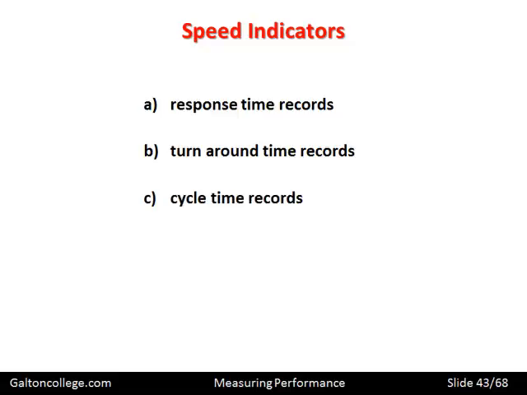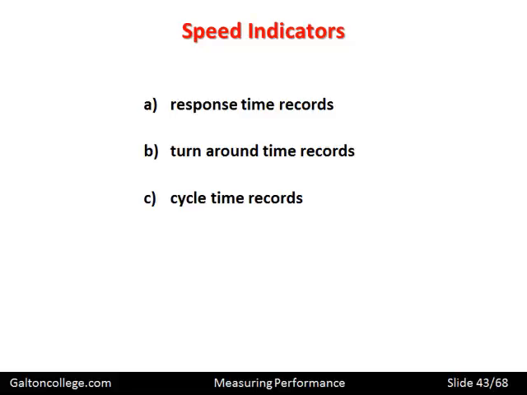Look at the cycle time records. How long does it take for, let's say, cycles of production to run through? The company may produce a particular cycle. It may produce one item for a week and then another item for a week and a half and so on. But are those cycle times accurate? What determines the cycle times, and should they be changed?